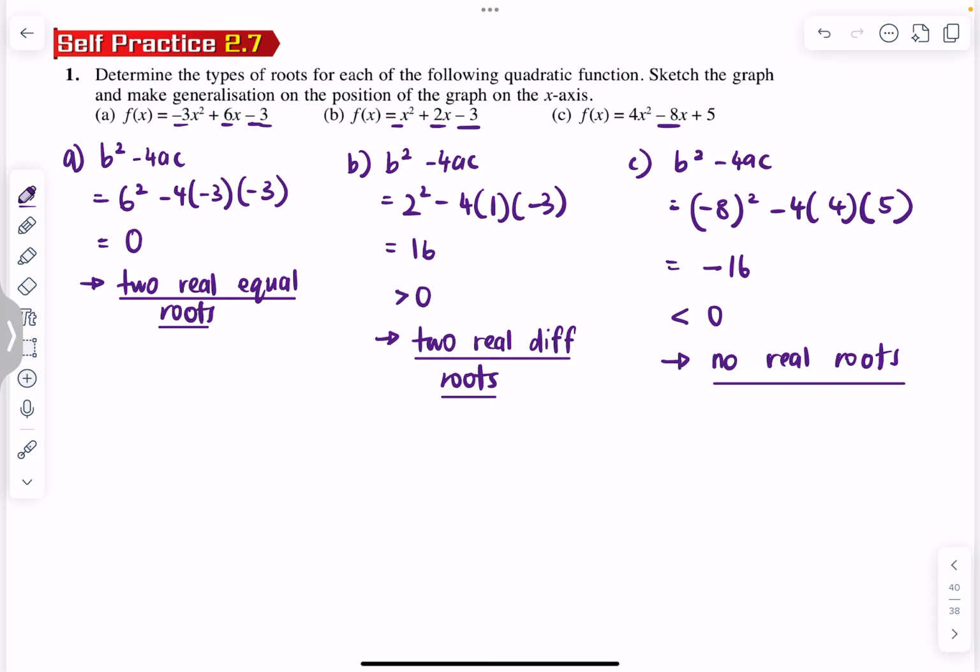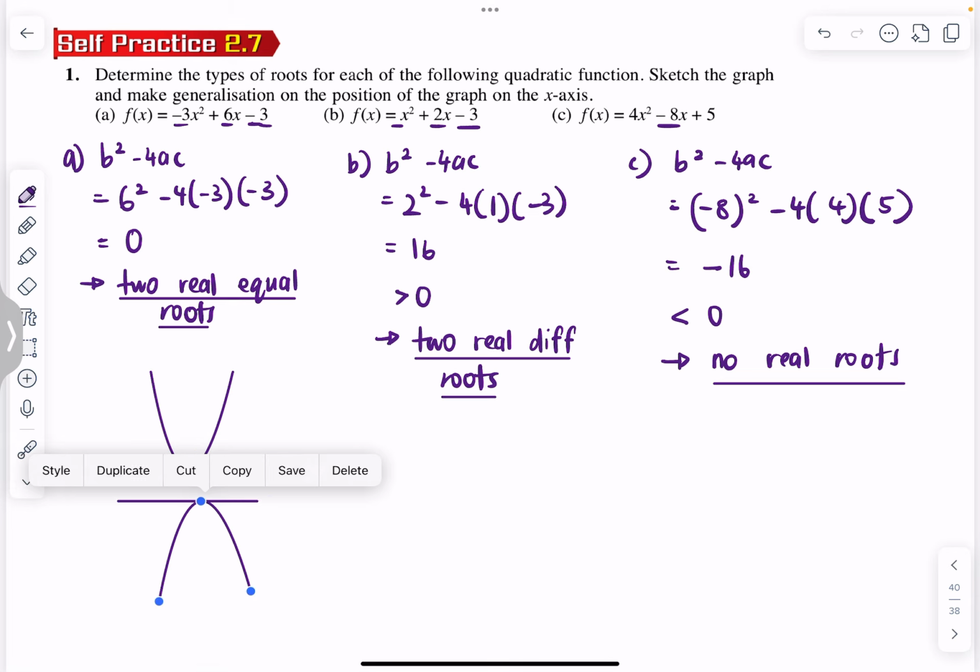Okay, now let's try sketching them. So if you have two real and equal roots, you must have a graph either like this, where it touches only at one point, or the graph can also be like that, where it touches at one point.